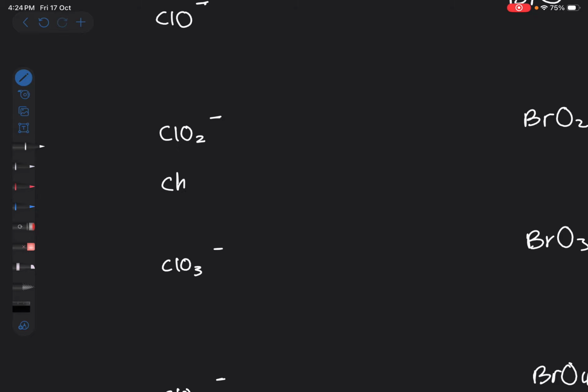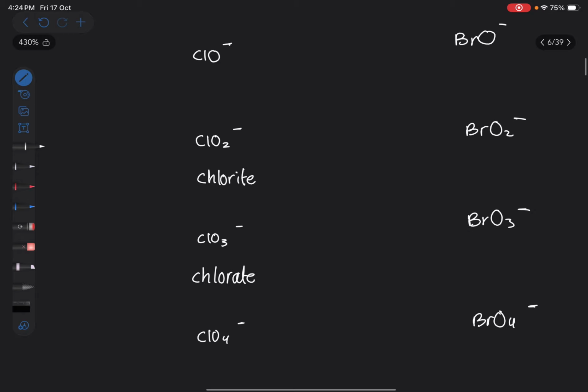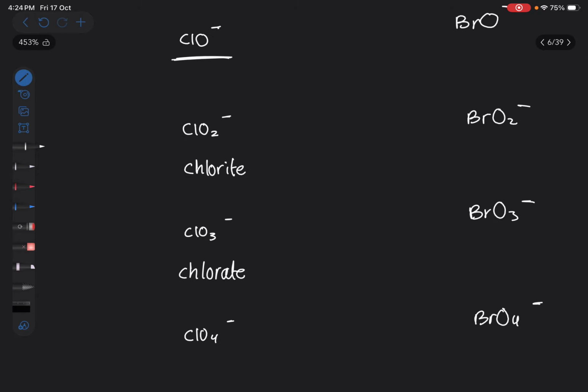So I'll give it chlorite, ite. Now for the bigger oxygen, chlorate. Now what about the ones that have even smaller oxygen atoms? I'll give it a prefix hypo, and I'll just use the chlorite from the previous one.